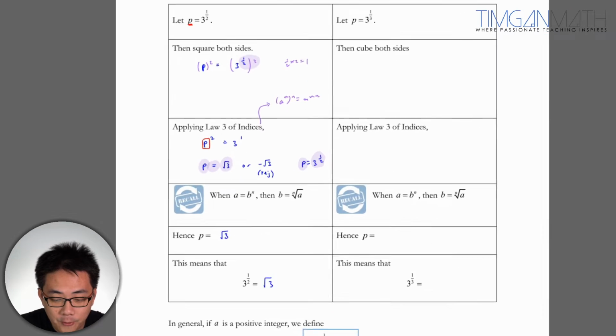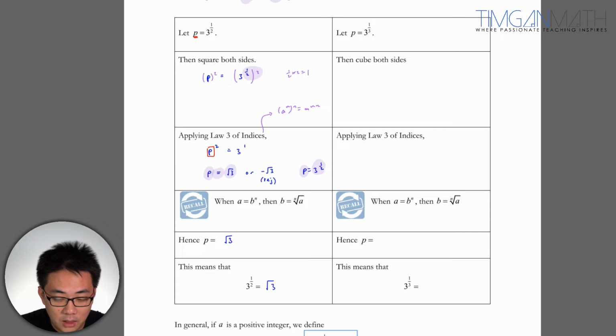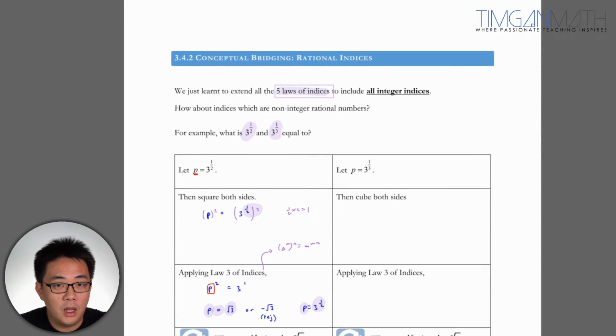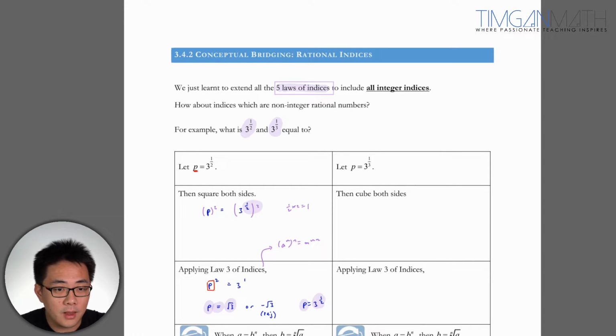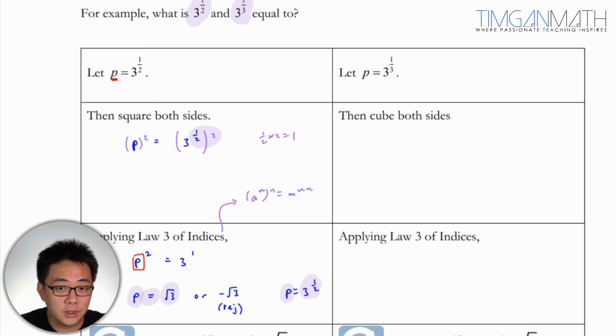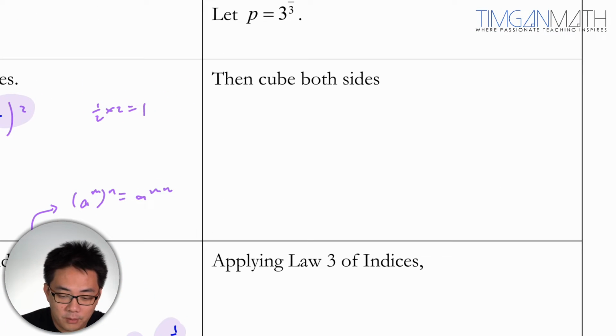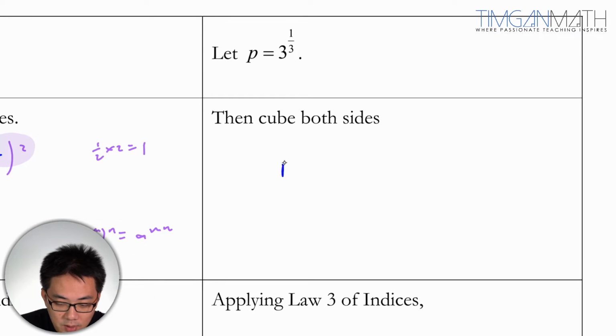Okay, so this is how we deduce the expression for the rational indices. Similarly for 3 to the power of 1/3, we could do the same thing. What we're going to do is just raise to the power of 3 on both sides.